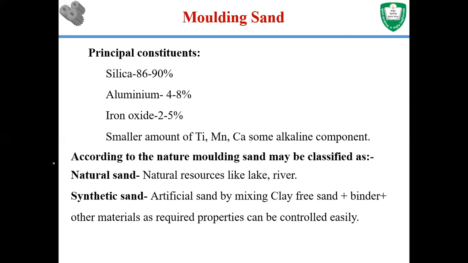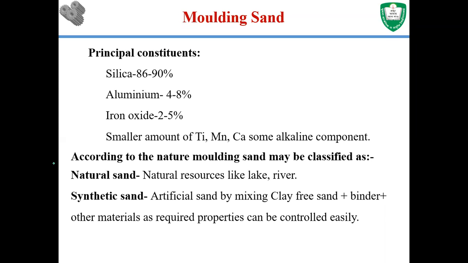That means it is also river sand, but you process it to make it clay free. River sand contains a certain amount of clay, and you wash it properly to get the actual clay-free sand, and then you use binder. The binder means the glue or adhesive. You use that adhesive with the sand to make the mold.